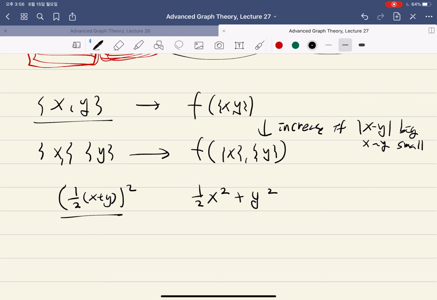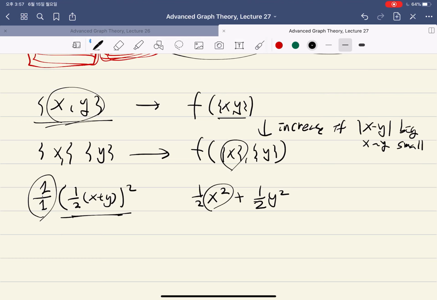There are two partitions, so you also have to take the average over the partition. Here you have only one part. So this is the average over the partition, and in each part you take the average inside and square. And here average inside squared and average inside squared, and then there are two parts, so you average it out.